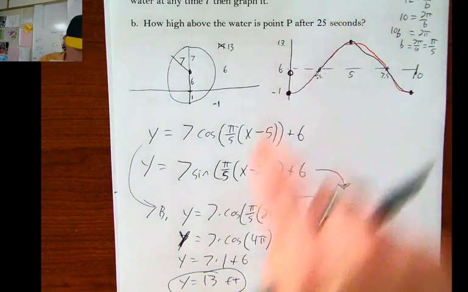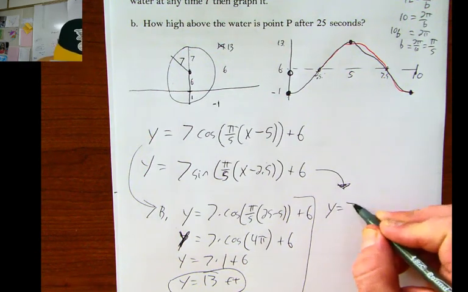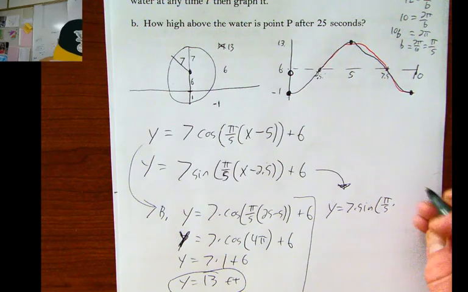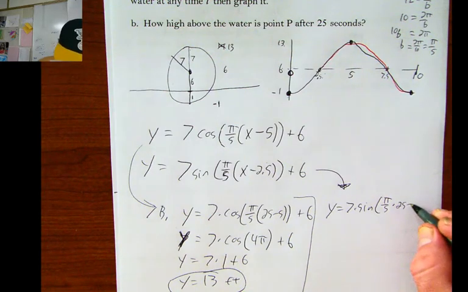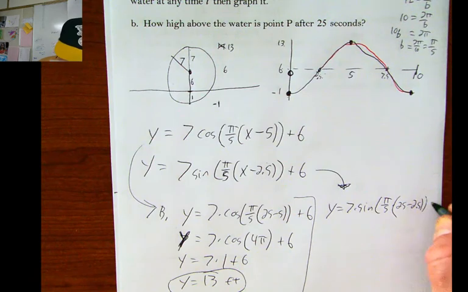So if we plug 25 seconds into the sine equation, I'd get 7 times sine of pi over 5 times 25 minus 2.5, close, close, plus 6.